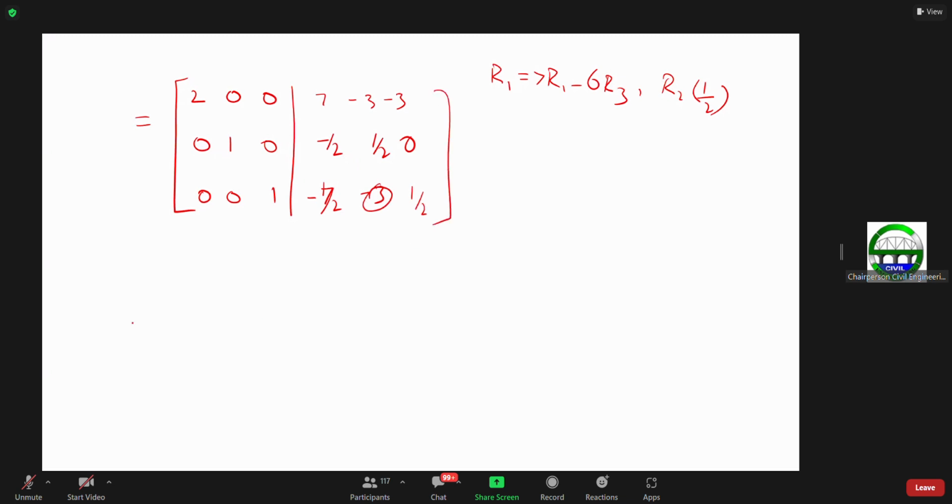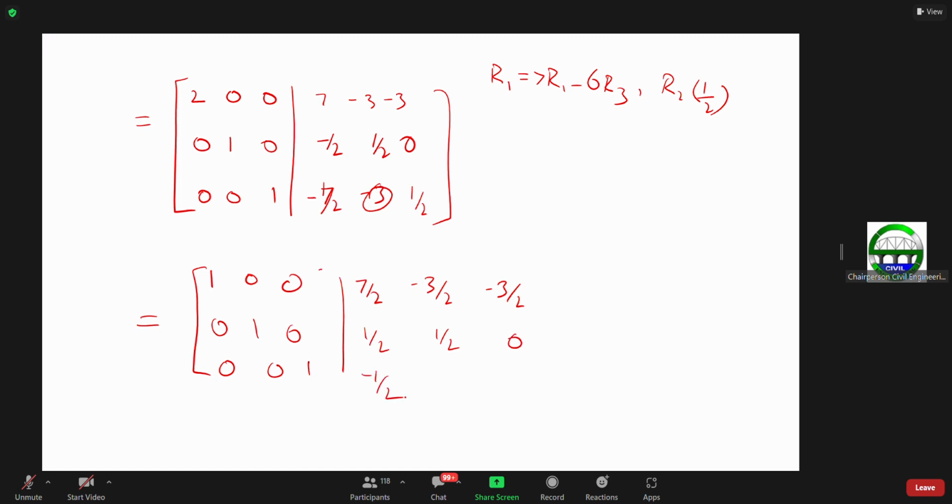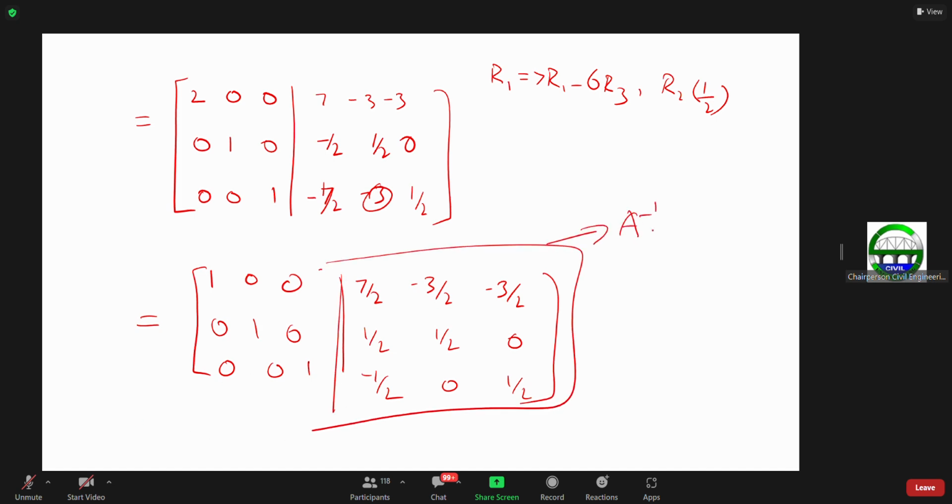You will keep continuing this operation again and again, and in the end it will become 1 0 0, 0 1 0, 0 0 1, and finally 7 by 2, -3 by 2, -3 by 2, 1 by 2, 1 by 2, 0, -1 by 2, 0, 1 by 2. So this one will be your A inverse.